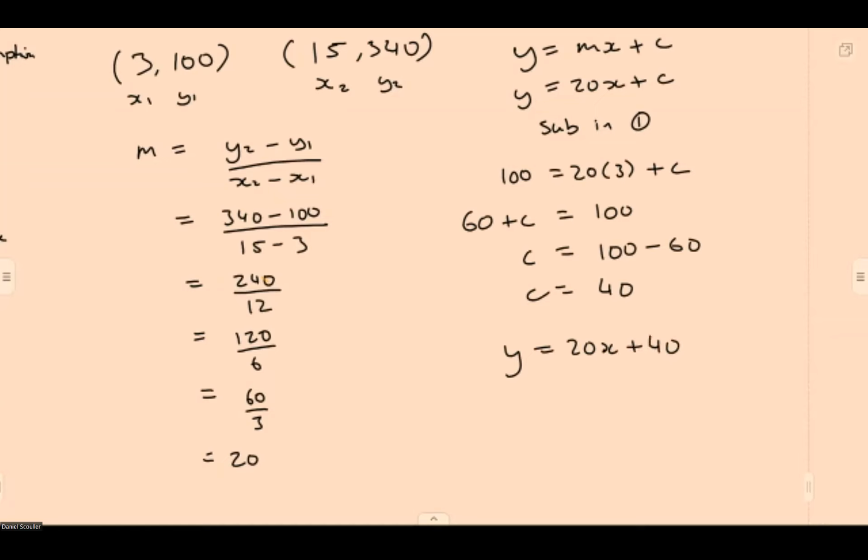Okay, now it asks you in terms of a and w. Your y's are vertical, so instead of y, we're going to have the letter w. And instead of the letter x, which is horizontal, we're going to have the letter a. And that's our final answer.